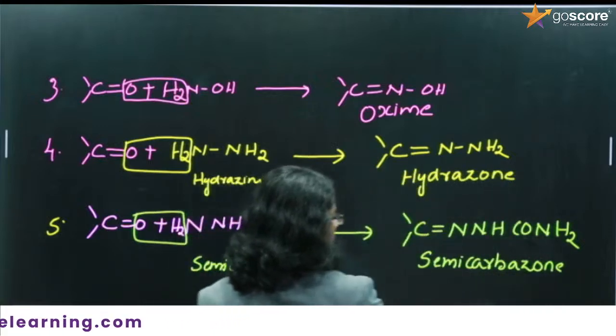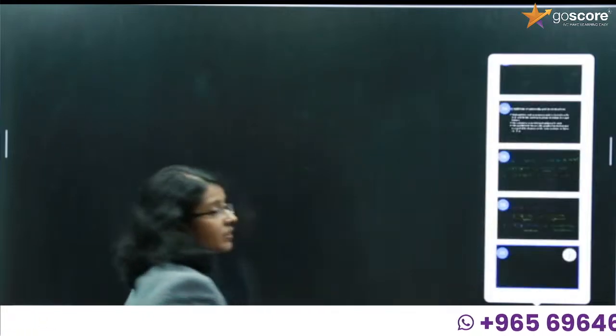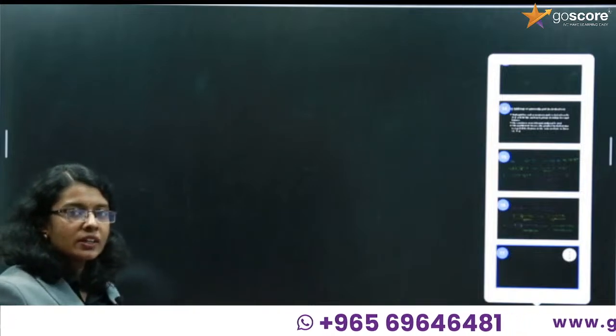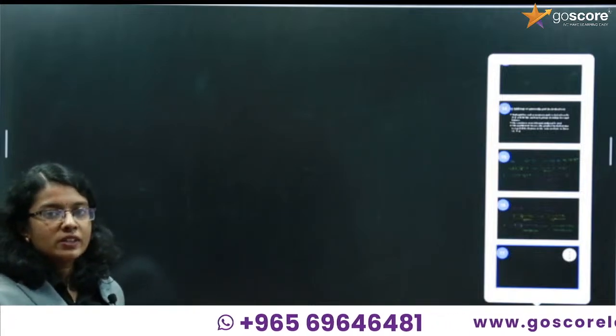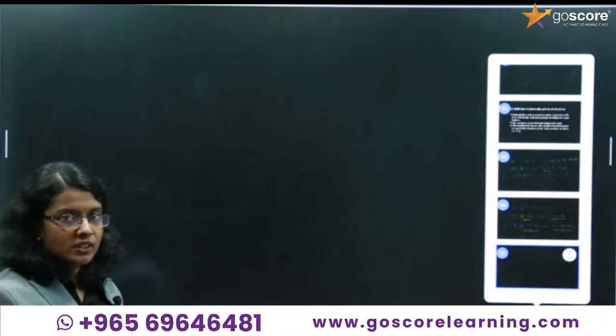So the next one is, if we are treating with phenylhydrazine. What is phenylhydrazine? You know the formula of hydrazine, that is NH2NH2. Phenyl group, there is a benzene ring, is it?